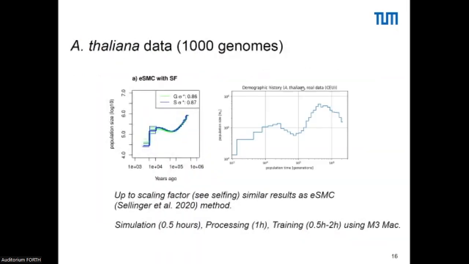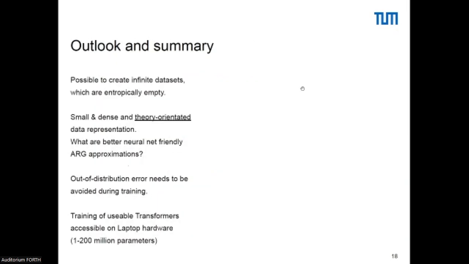To give a bit of a summary at the end: what I said before, it's really important to think carefully about whether the simulation dataset actually contains any information. I aim to have, or I think it's very favorable to have, small, theory-oriented summary statistics which are neural network friendly.